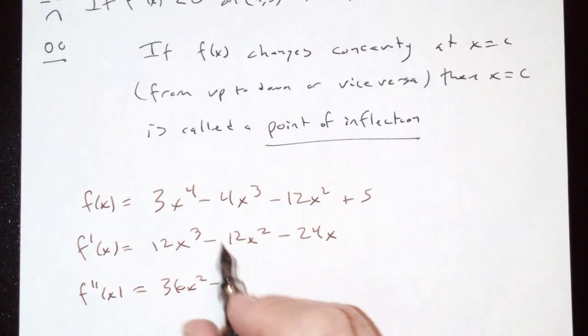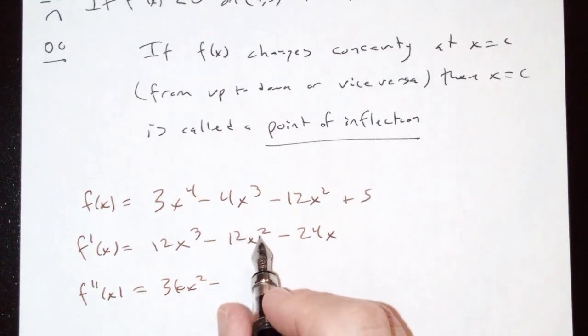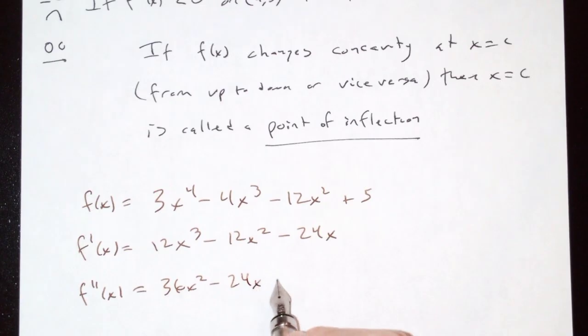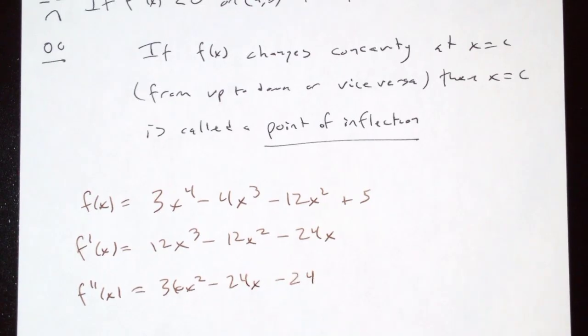Oh, hang on a second. The potential points of inflection are where this is going to change from being positive to being negative to being positive, right? In order to go from positive to negative, what do you have to do? I got to go through 0. I need to set that equal to 0 and solve it.